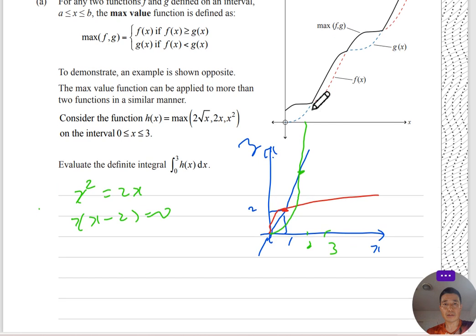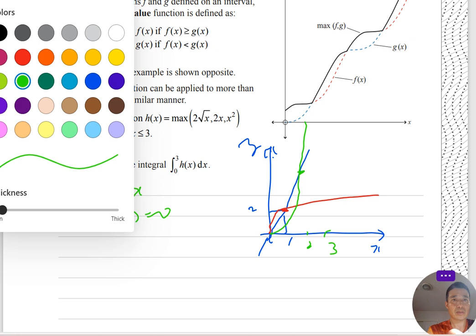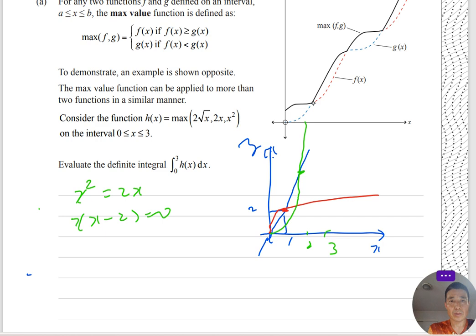So if I rewrite this, going back to blue, that function equals the integral from 0 to 1 of 2 square root of x dx, right?